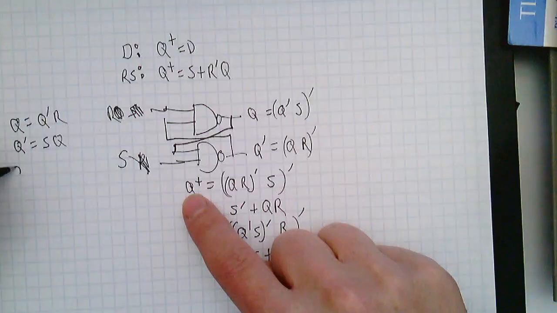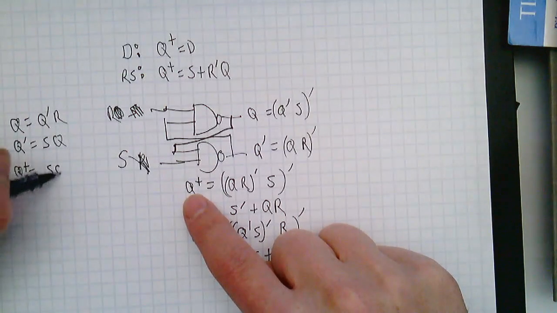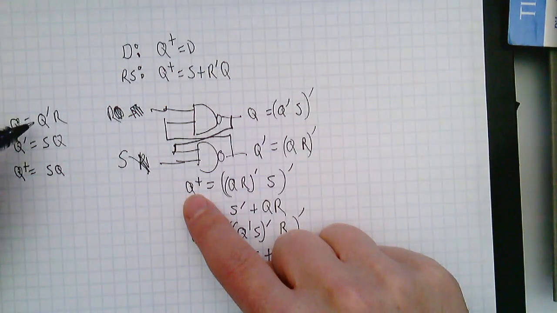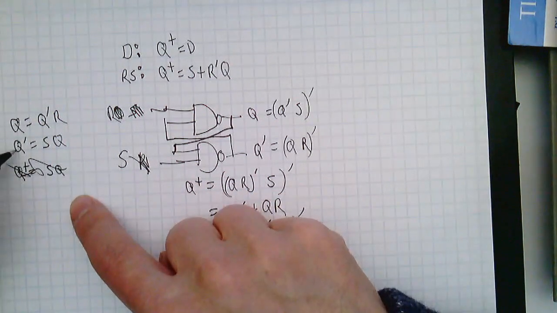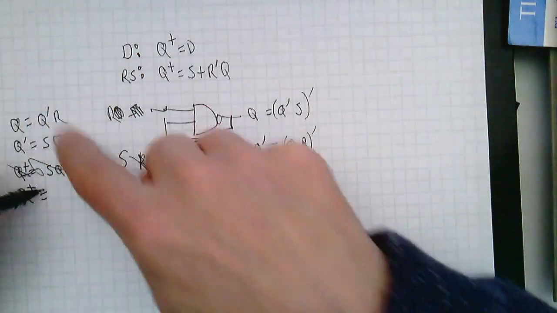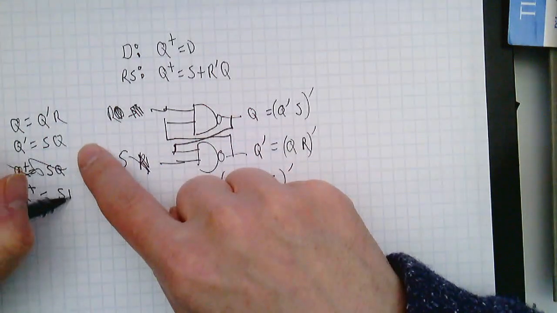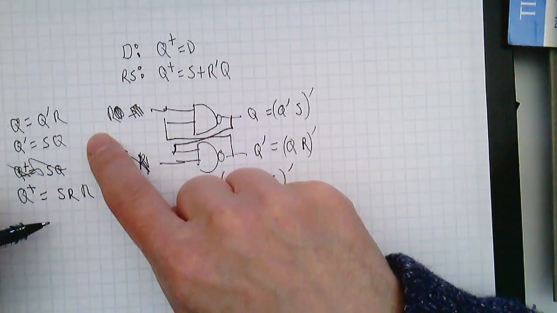And now Q plus is going to be equal to SQ. Let's see, we'll do it again. Q plus is going to be equal to Q prime, which is SQ, R. That's interesting.